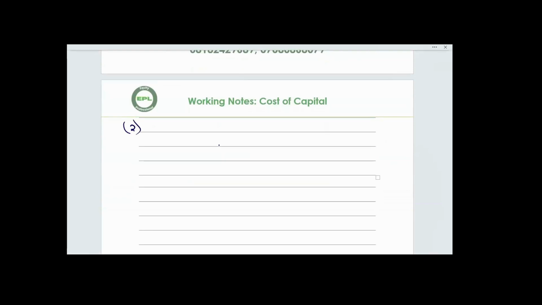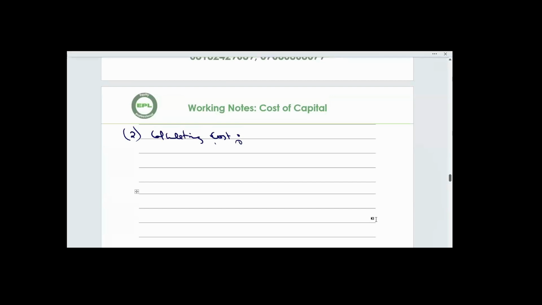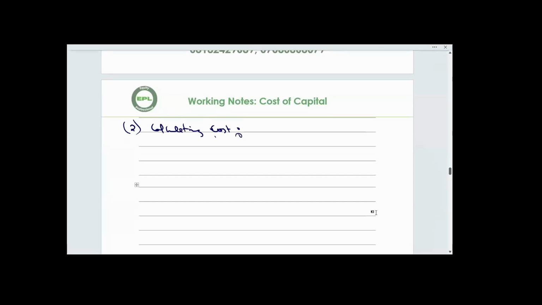Then step number 2, I need to calculate cost of debenture. What kind of debenture is this one? Is it a redeemable debenture or irredeemable debenture? I told you that debts will be redeemable if the redemption date or maturity date is given.